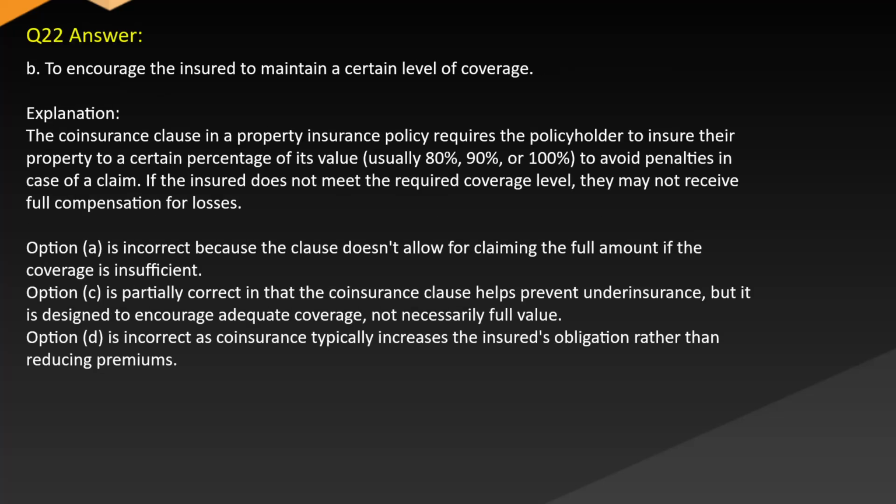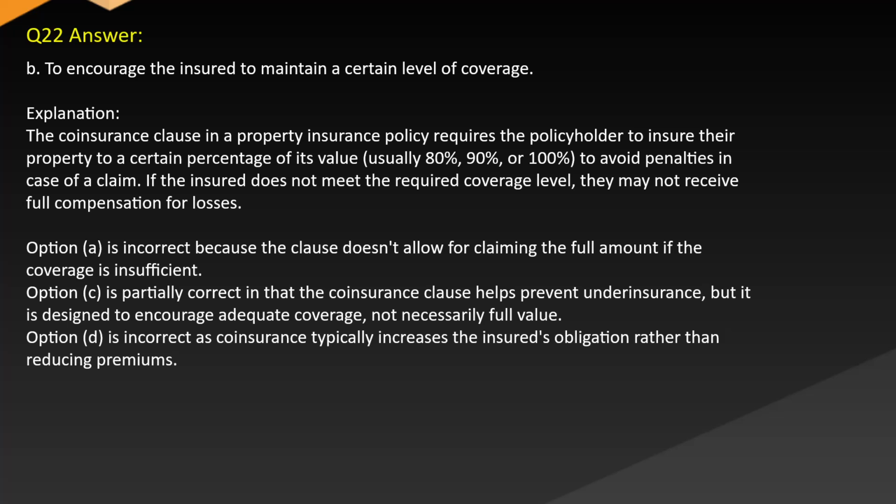Answer. B. To encourage the insured to maintain a certain level of coverage. Explanation. The coinsurance clause in a property insurance policy requires the policyholder to insure their property to a certain percentage of its value, usually 80%, 90%, or 100%, to avoid penalties in case of a claim. If the insured does not meet the required coverage level, they may not receive full compensation for losses.